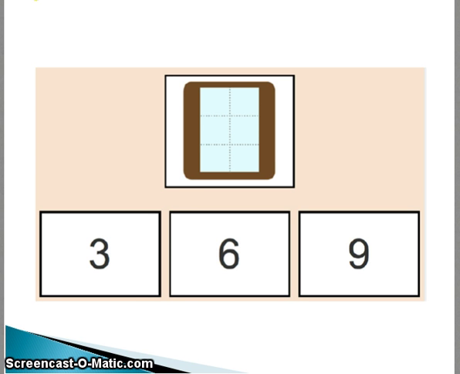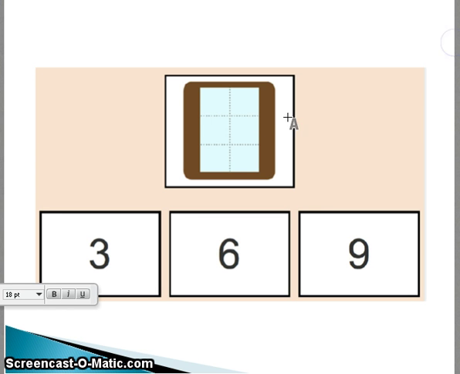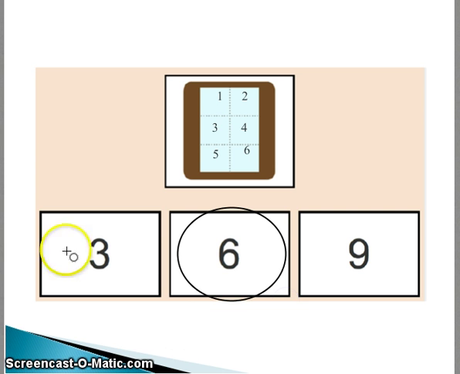This rectangle looks like it is a pan of brownies or cake or something. Okay, so we have 1, 2, 3, 4, 5, 6. So how many parts do we have in this rectangle? We have 6 equal parts in our rectangle.